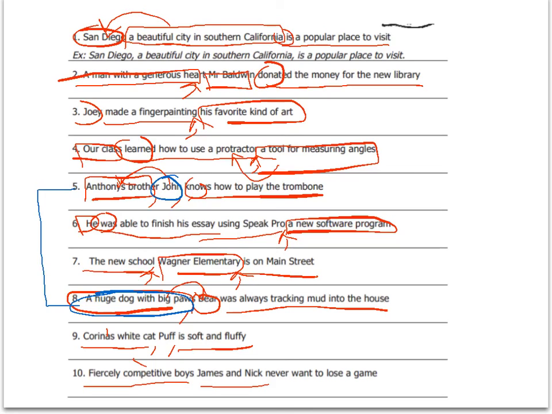It's not like it's somebody's brother, it's not connected with another person so that we can identify them. So we have to say that James and Nick, the names have to be used in order to be clear about who the subject of this sentence is. So "James and Nick" is the subject, "never wanted to lose a game" is the predicate, and "fiercely competitive boys" is the appositive. So we need to put a comma there between "boys" and "James."